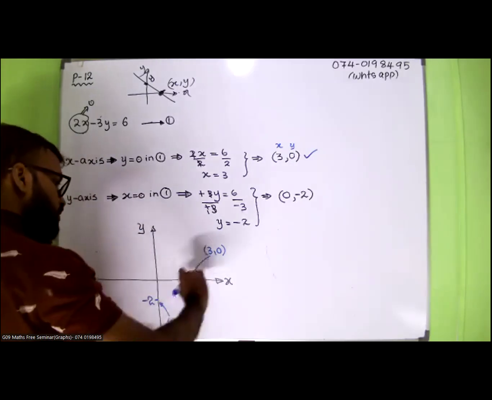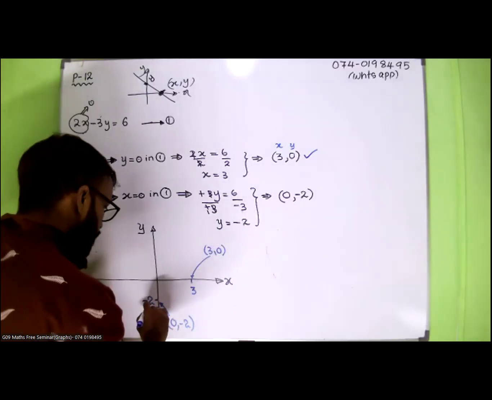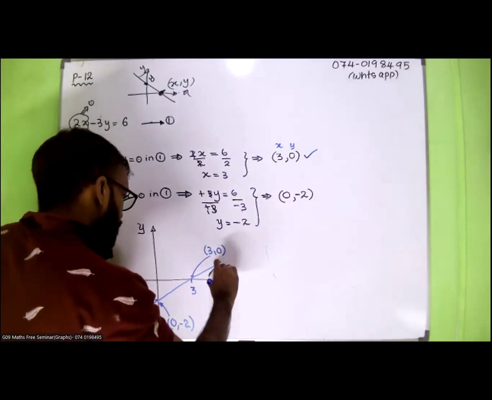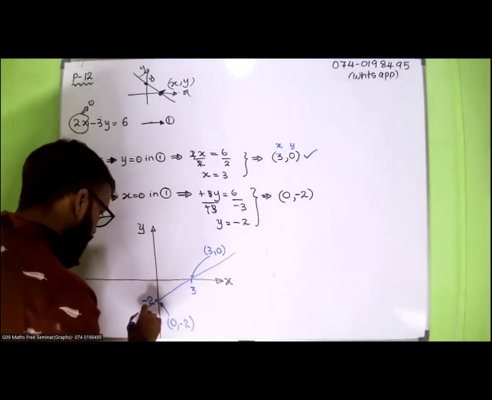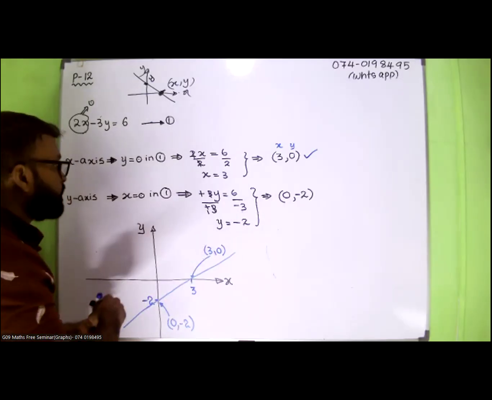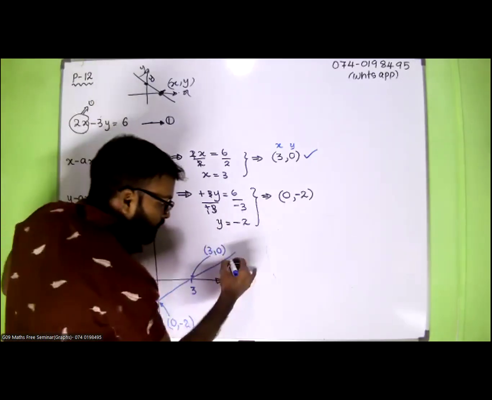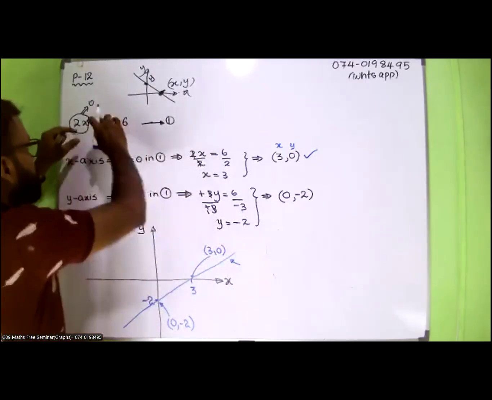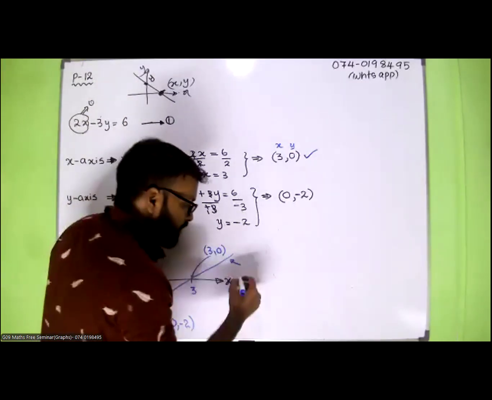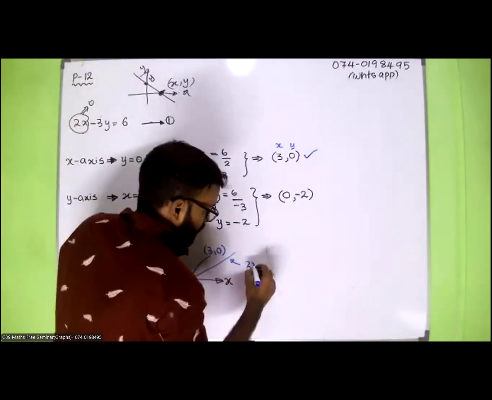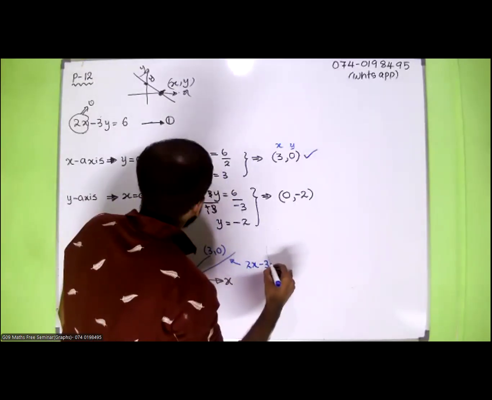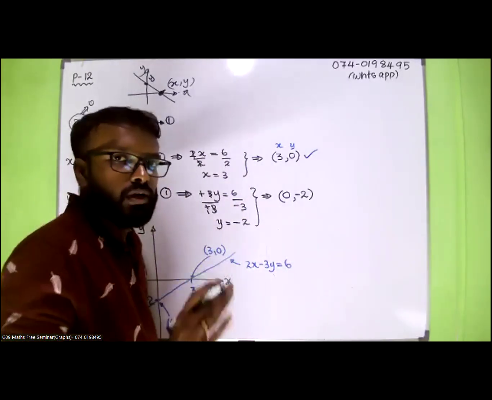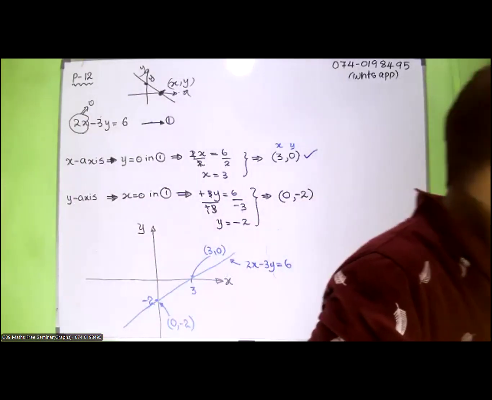So now I am going to join these 2 points. So this is my function. You can write down as it is, 2x minus 3y equals 6. Done. Plotting is done.